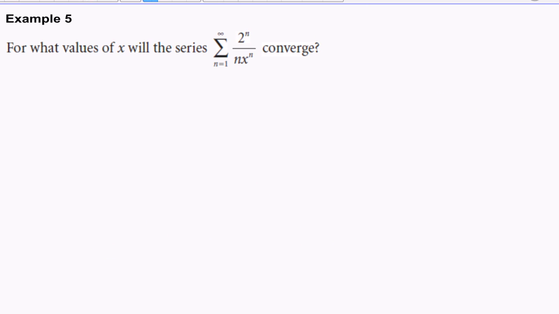Last example. For what values of x will this series converge? So what we need to do first of all is to find out what the plan of action is.